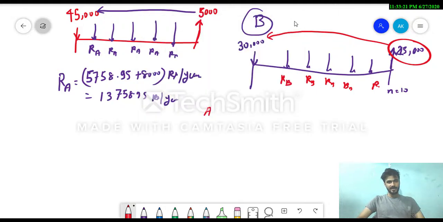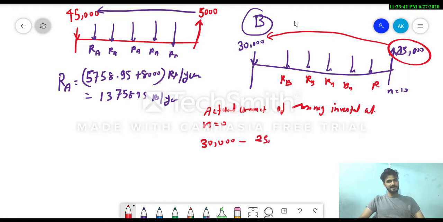So you can write the actual amount of money invested at n equals 0, that is equal to 30,000 rupees minus the present value of 25,000, that is 25,000 upon 1.1 whole power 10.